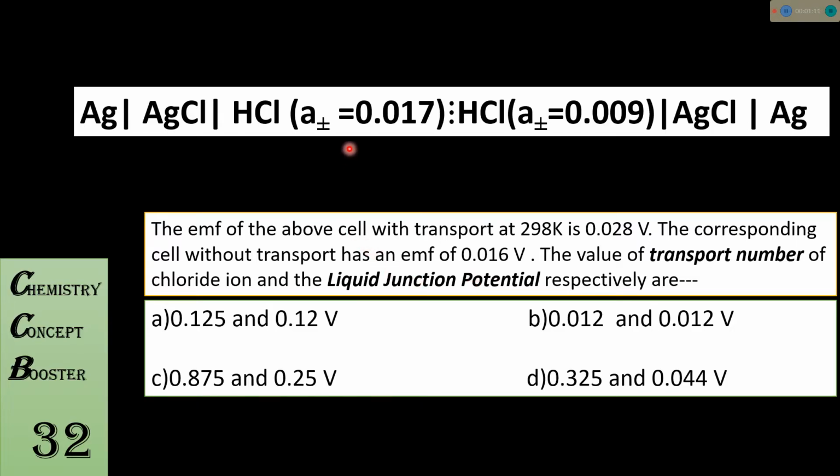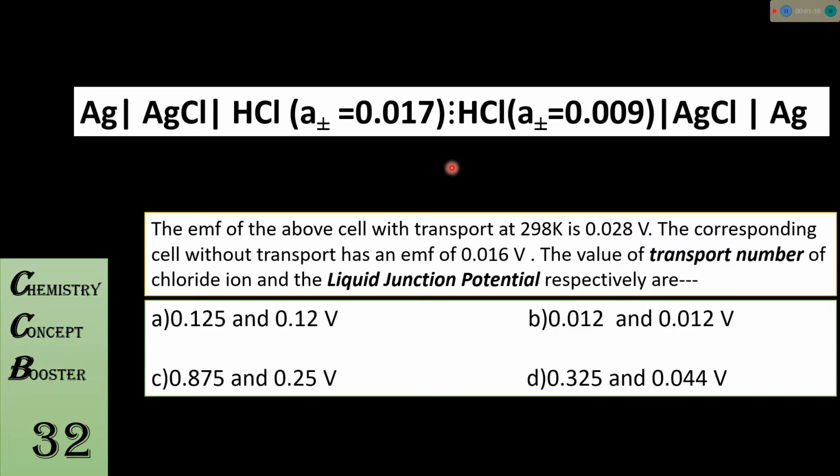So a cell is given. I think you all know about the cell with transport and without transport. This is a half cell and this left side is another half cell. This 3 dot shows that this cell is with transport. If instead of these 3 dots there is a double vertical line, then we can say that the cell is without transport.